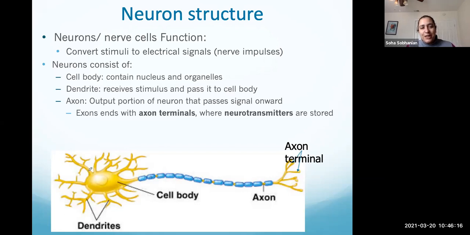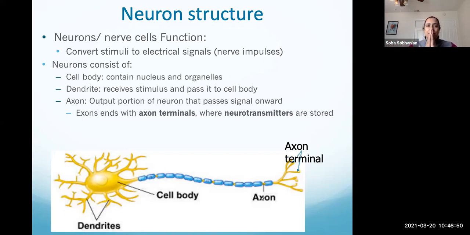You have this chunky piece that has the nucleus in it called the cell body or soma. You have this long extension called the axon. And then at the end of the axon, you have what we call the axon terminal. Dendrite, cell body, and axon are the three main parts. The axon terminal, as the name implies, is the ending of your axon.